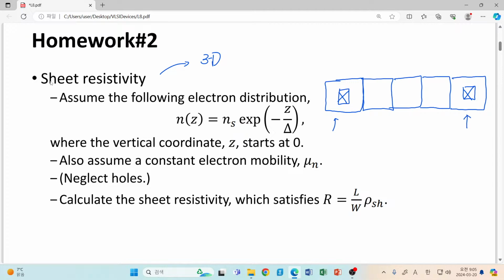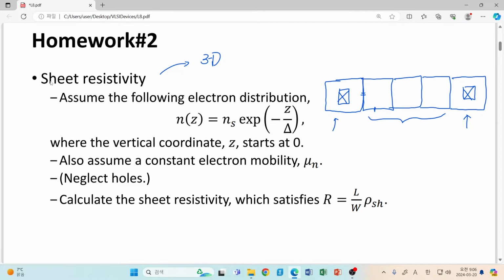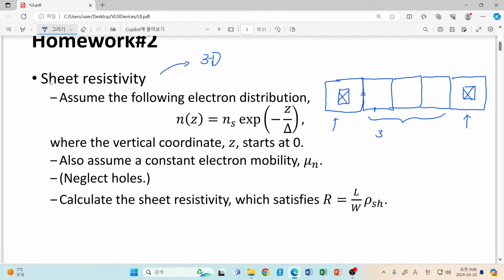In between them, you have introduced, in this case, three serially connected squares. Let's assume that this length and this length are the same, so it is a square, and we have placed three squares. So you understand this corresponds to three squares, and it will show a certain resistance R.